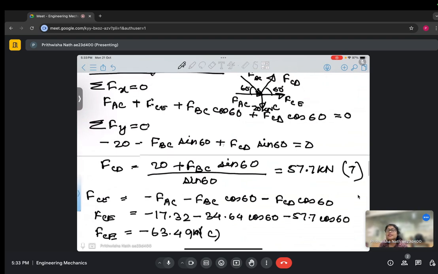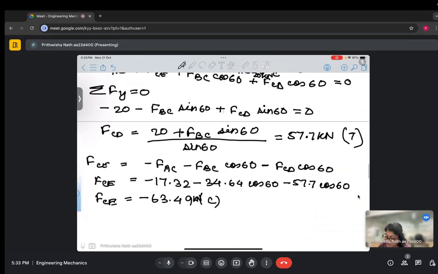Initially we assumed it to be in tension, so it's opposite in sign, so we can say it's in compression.